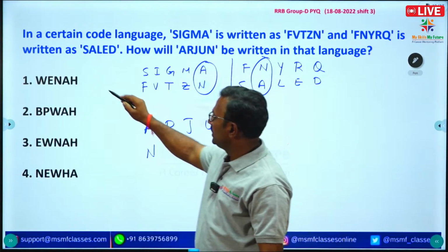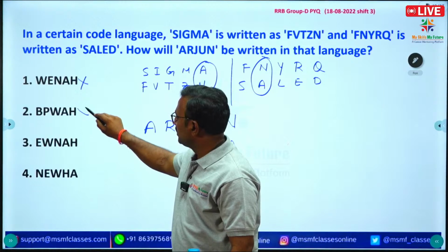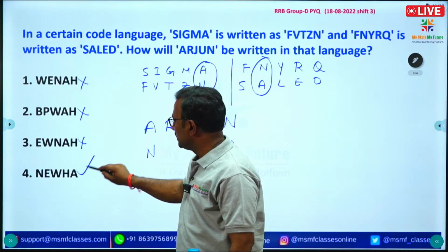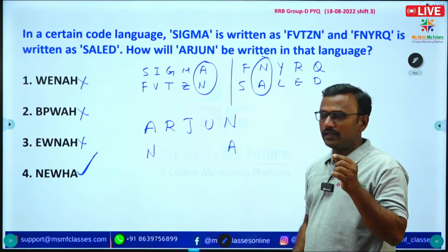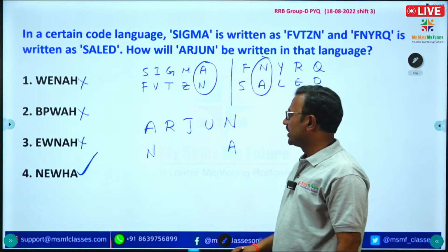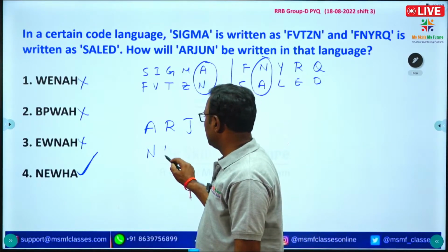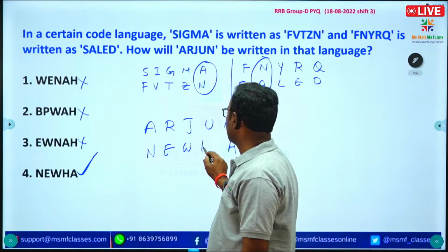So here wrong answer, here wrong, here wrong. Option 4 itself is starting with N and ending with A, so we can write here NEWHA.